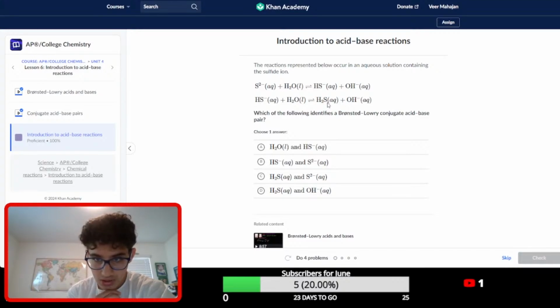Oh, OH- and H2O would work as well, but that's not an option here. So basically, one of them will just be one hydrogen more than the other, which doesn't seem to be the case in the first one. Isn't the case in the second one either. No, it's not.